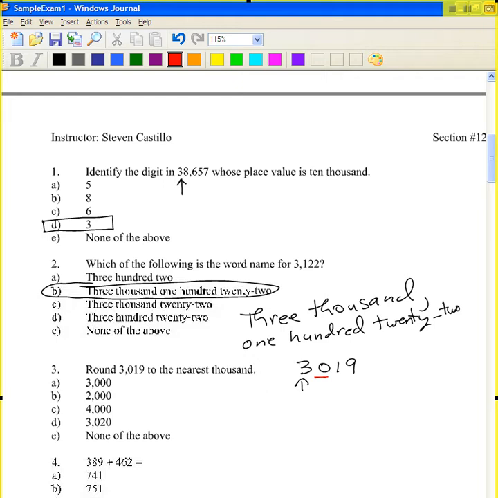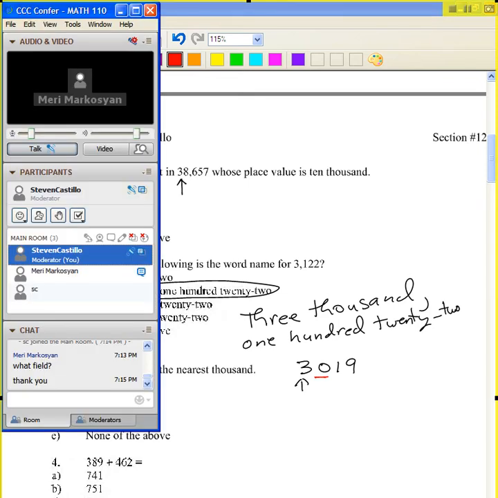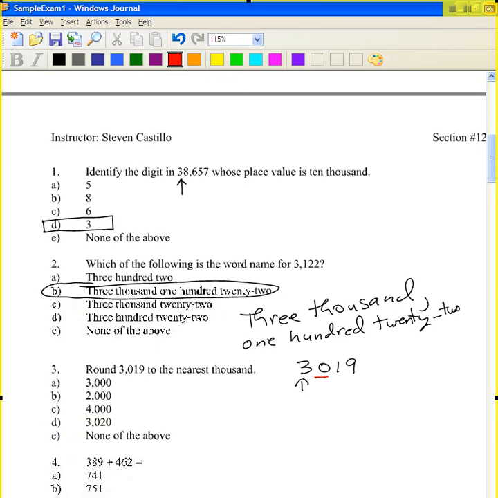Okay, then let me see if I've figured that out. Ah, got it. Okay, cool. I'll exit myself out of this.